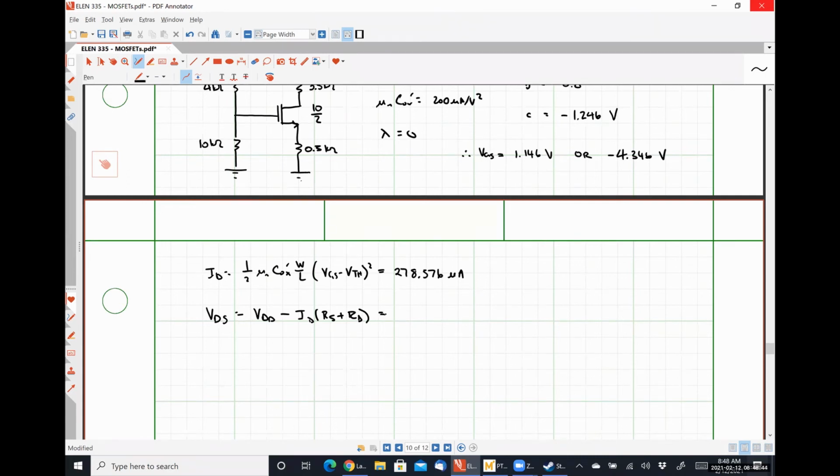Maybe this one will be a little bit easier for you guys to compute. Go ahead and tell me what that number turns out to be, based on the ID of 278.576 microamps. 0.686 volts, all right.